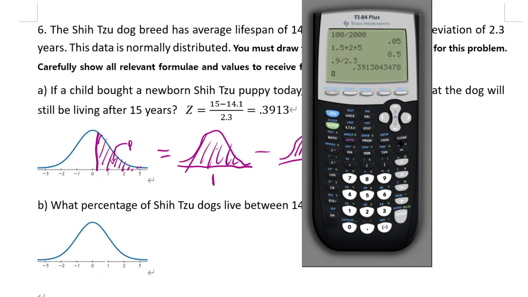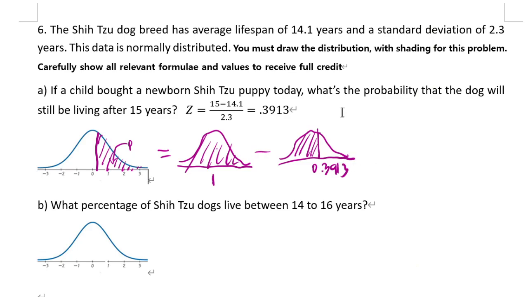So you go to second vars, normal CDF, and don't change anything, just put the upper as 0.3913, enter, and that gives you 0.6522, and 1 minus 0.6522 gives you 0.3478. So P is 1 minus 0.6522, and that's equal to 0.3478.